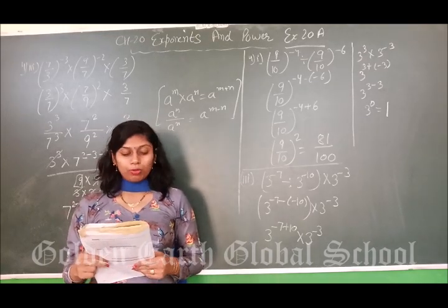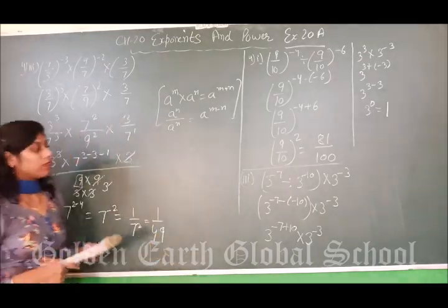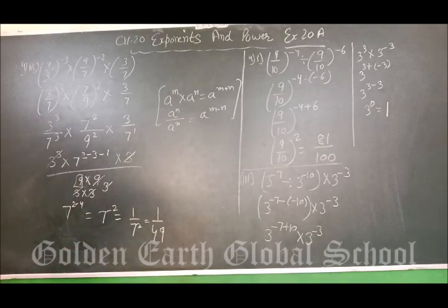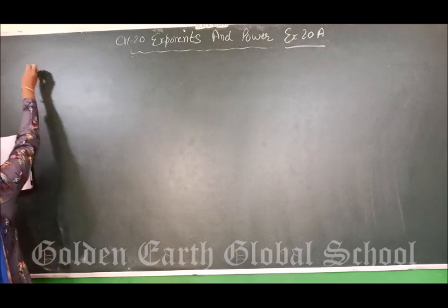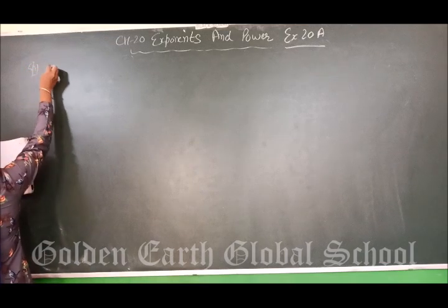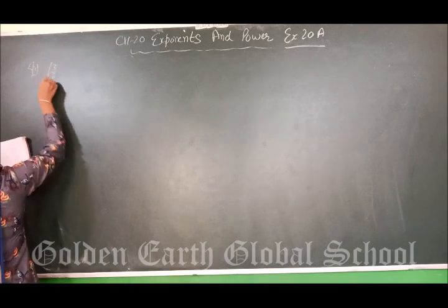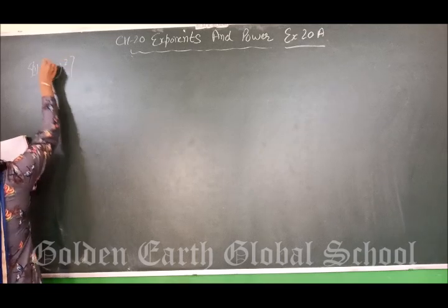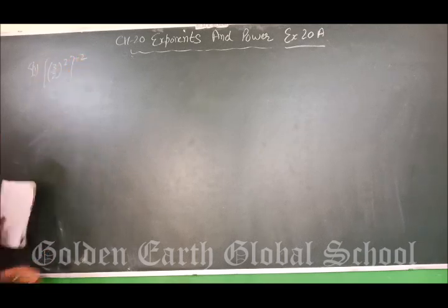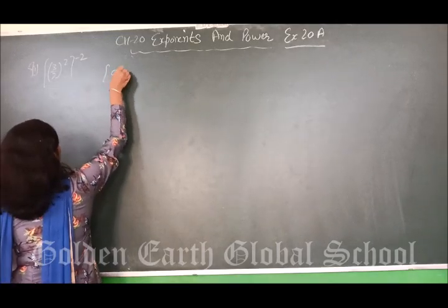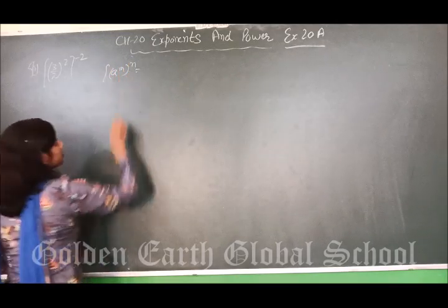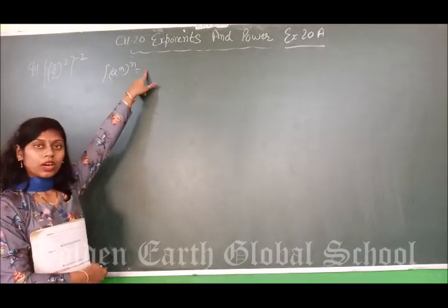Next, question number 5th. There is one more property, power raised to power. Next 5th question. First part, 3 upon 2 power 2 and then power minus 2. If we will apply the result, a raised to power m, whole power n, power raised to power.